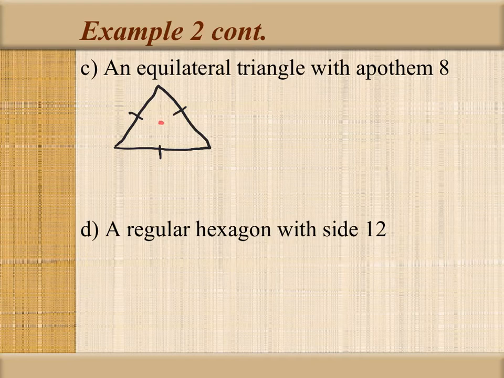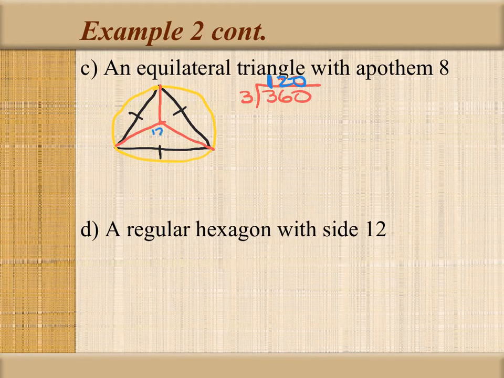So if I draw my center here, so again, you could put the circle around. Draw your radii in. Notice this creates 3 central angles. To find the measure of the central angle, you take 360, divide it by the number of sides, and each central angle is going to be 120 degrees.